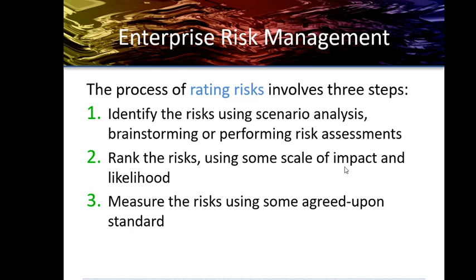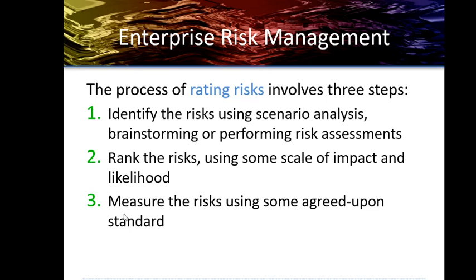The impact, if this oil price increase happens, it will affect our strategy. What is the effect? Is it minor or major? Is it high, medium or low? Then the probability of an oil price increase.